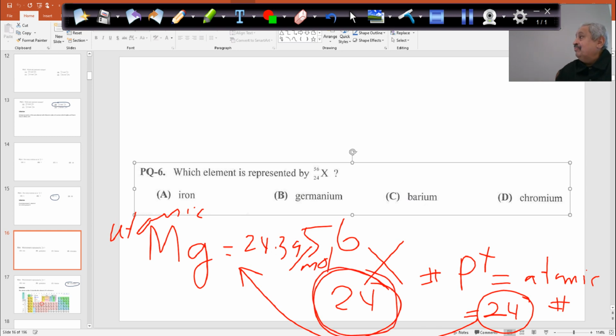What is that? This is the atomic number, not atomic mass. I gave you atomic mass here. Which one? Chromium. Yeah, that's correct. So I mixed the magnesium atomic mass with the atomic number. But the atomic mass of magnesium, you can look it up, it's 24.3 grams per mole. So, chromium. So let's see.